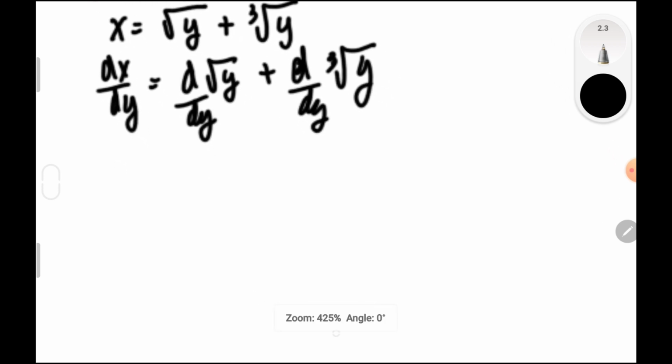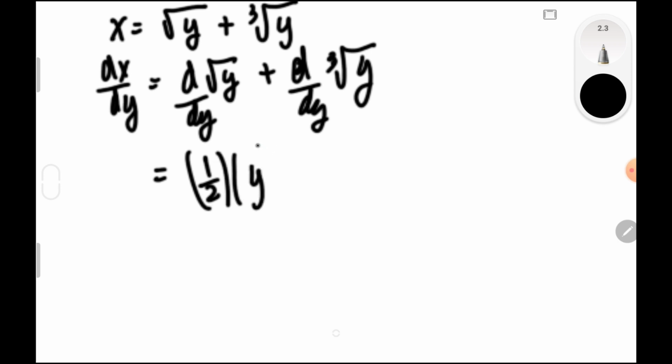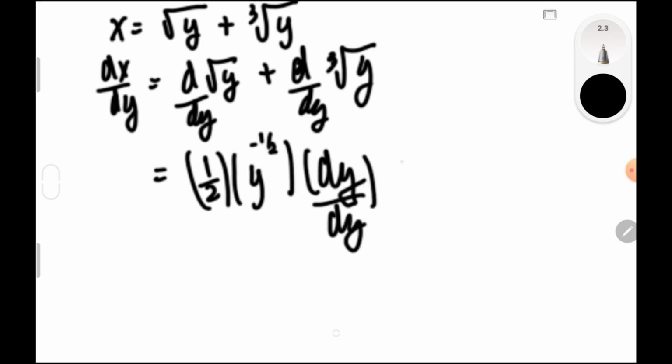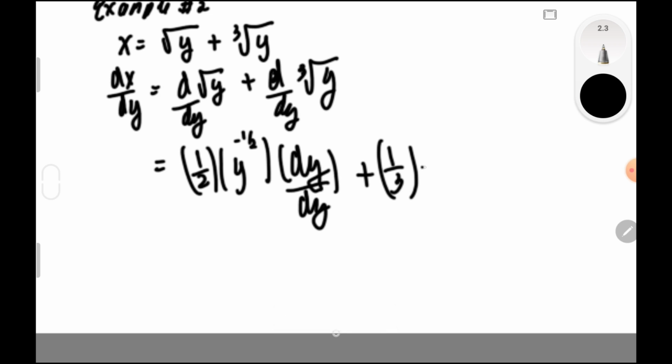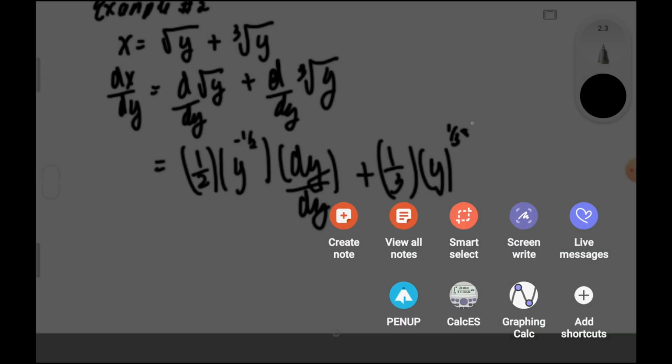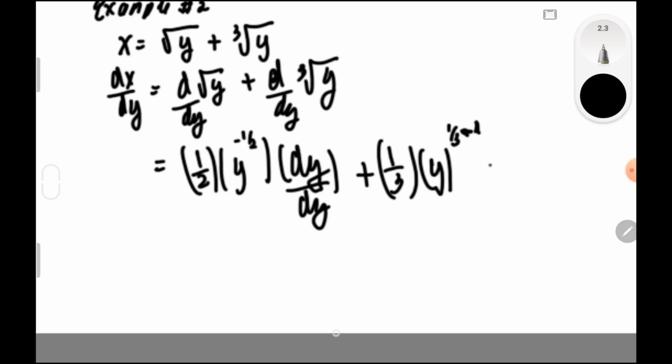From here, we have 1 half multiplied by y raised to 1 half minus 1, which is negative 1 half, multiplied by the derivative of y with respect to y, plus 1/3 multiplied by y raised to 1/3 minus 1, multiplied by the derivative of y with respect to y.